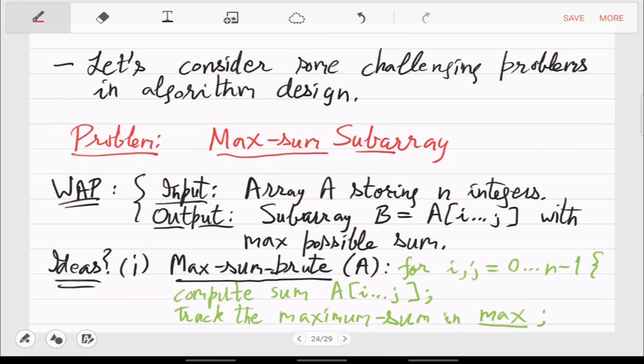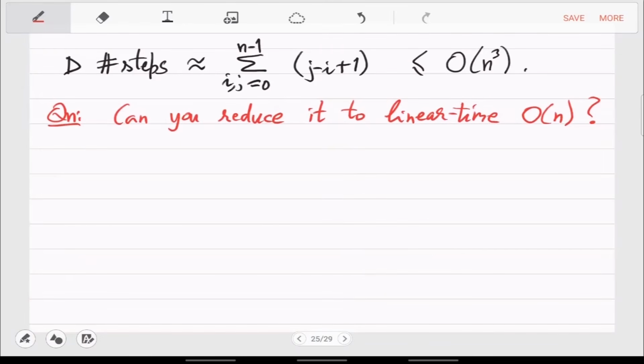So forget about i, create another array, we'll call it S of j, S of 0 to n minus 1, and S of j will basically store the maximum subarray ending at that index j. But even this is not clear why it will be linear time, because this is still a single for loop, and then there are steps in the middle, so it may still be quadratic time. So we have to see this properly.